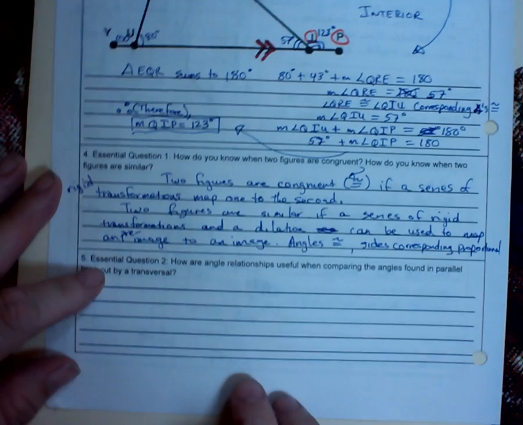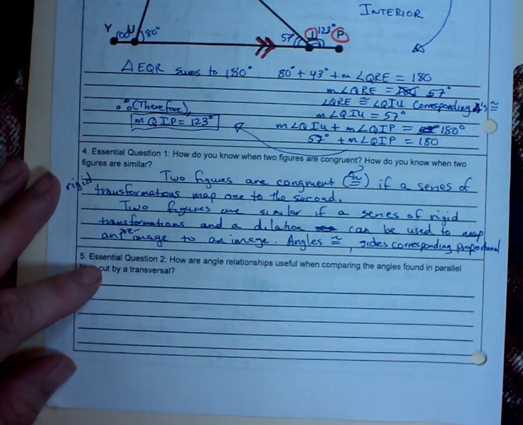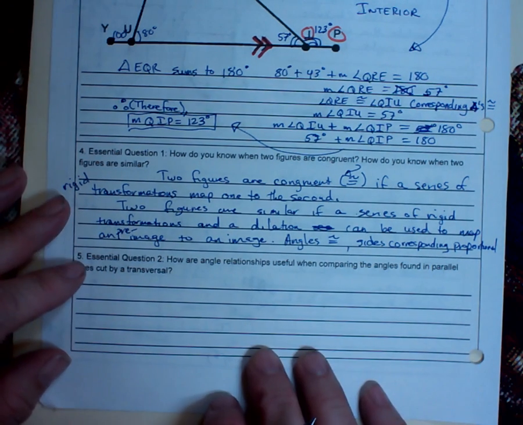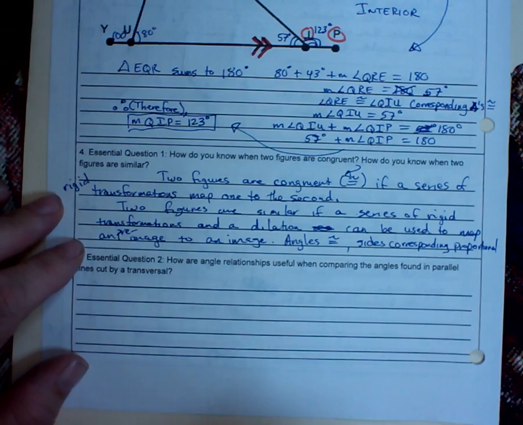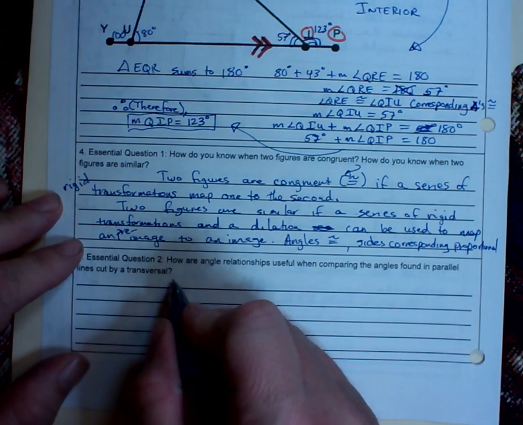Essential question 2, how are angle relationships useful when comparing the angles found in parallel lines cut by a transversal? Okay. And then this, it's very simple.